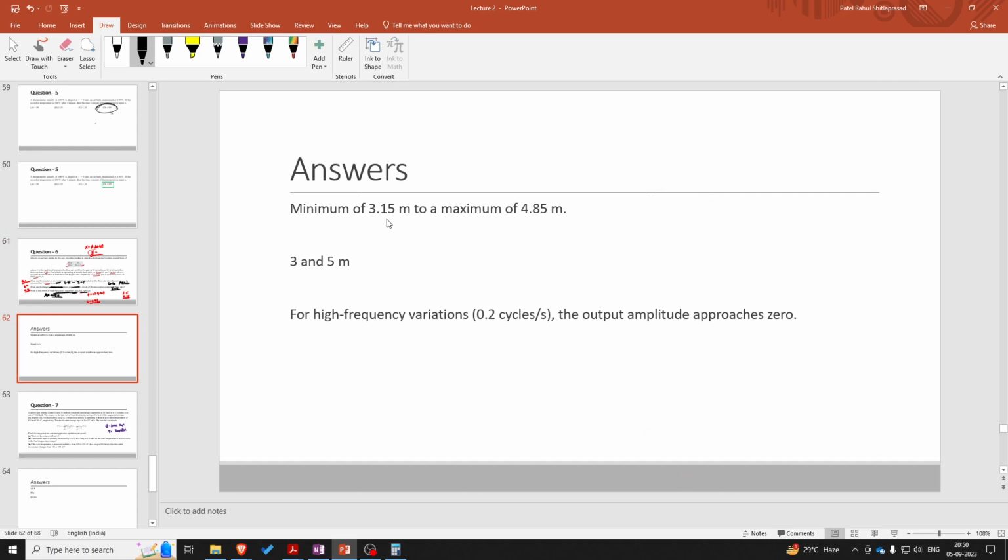So yes, this was the answer. The minimum of 3.15 to maximum of 4.85 at time t equal to 6 minutes for frequency of 0.002. Otherwise, the maximum possible perturbations are 3 meters and 5 meters. Or else, for high frequency variations, the output amplitude approaches 0.